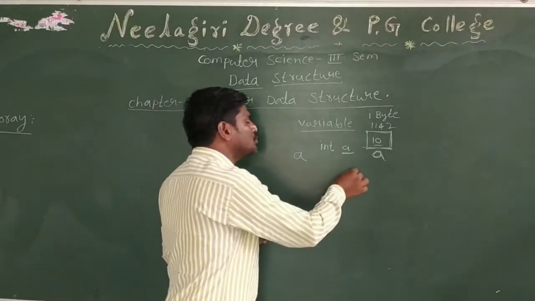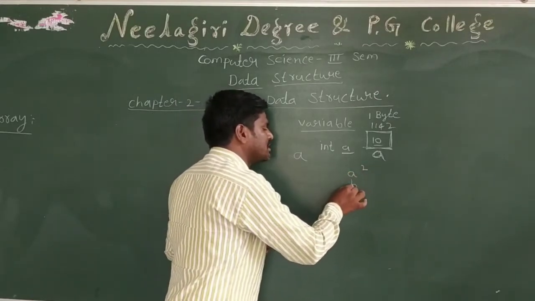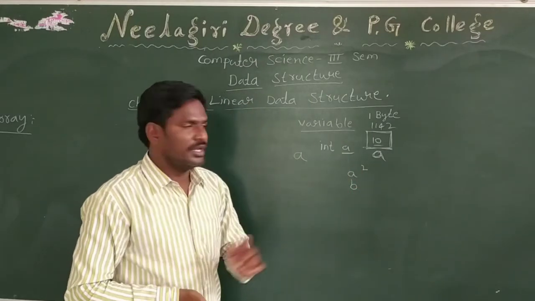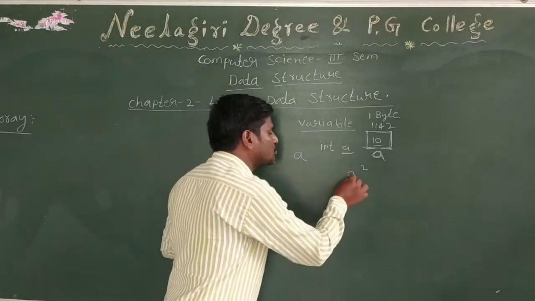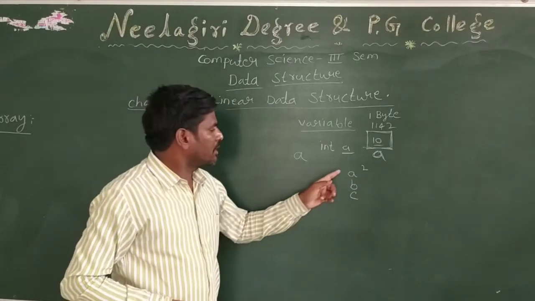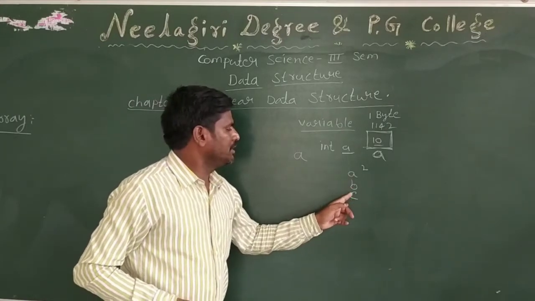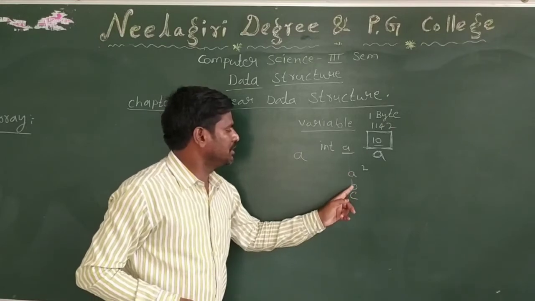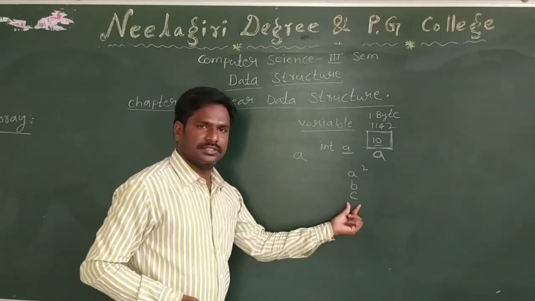We have to read two numbers, say A, B. We add these two numbers and store the result in another variable, C. So we need three variables, A, B, C, declared as integers.